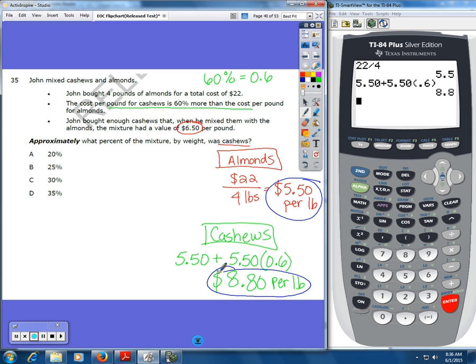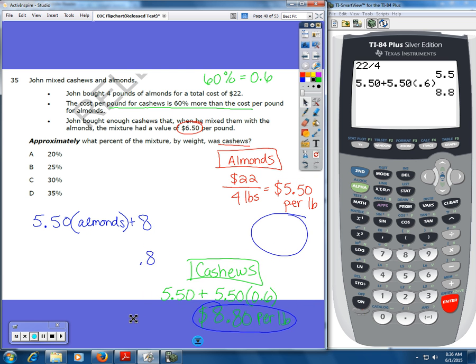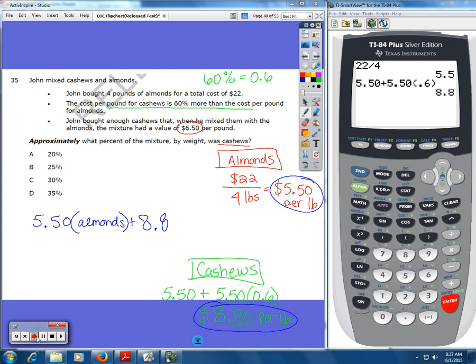Now it says that when he bought the cashews and the almonds, he mixed them together. And then total, the mixture had a value of $6.50. So basically what that means is he did $5.50 times whatever the percent of almonds plus $8.80 times the cashews.